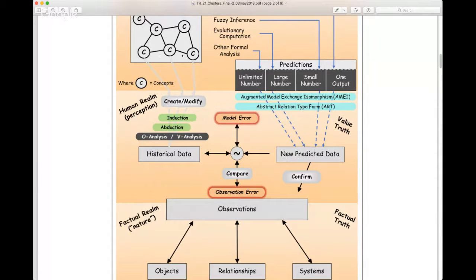And one of the pattern things we're looking at here, of course, is the augmented model exchange isomorphism, which we can use to identify patterns. The abstract relation type, which we can use to actually formally encode the data that's coming back in. Once it's formally encoded, then what you can do is you can make value distinctions on that. Okay.